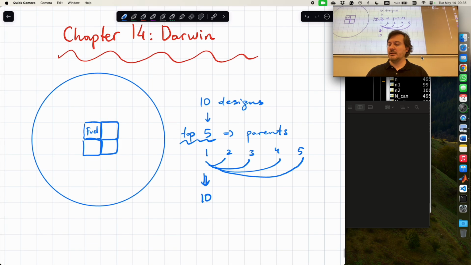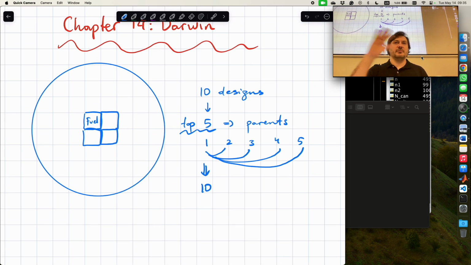But there is a problem. Since you keep mating these with each other, you will quickly explore all the genetic pool that you had at the beginning. Those 10 initial designs will correspond to some sort of a genetic pool, and you will quickly explore it. Yes, you will find a very good design, but you will see some obvious parts that are wrong, and you will not be able to fix them because all of the designs are relatives.